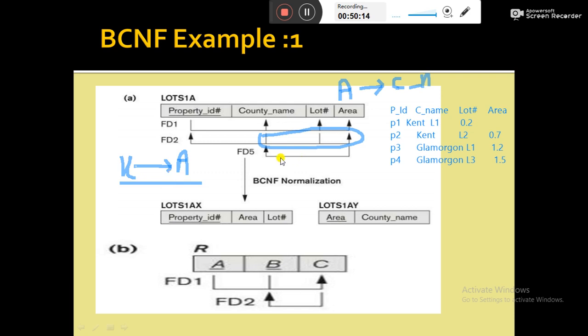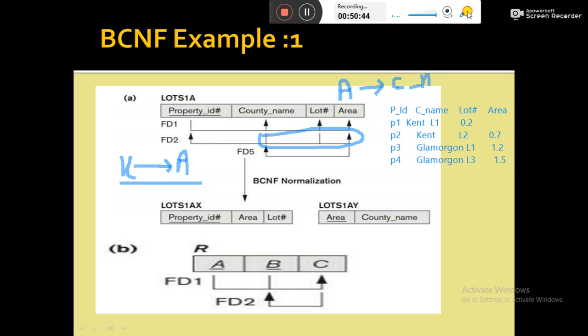So based on FD5, that is area arrow county name, area functionally determines county name. So here area is X and county name is A. Now let us check whether area is a super key or not in that relation. Here area is not a super key.